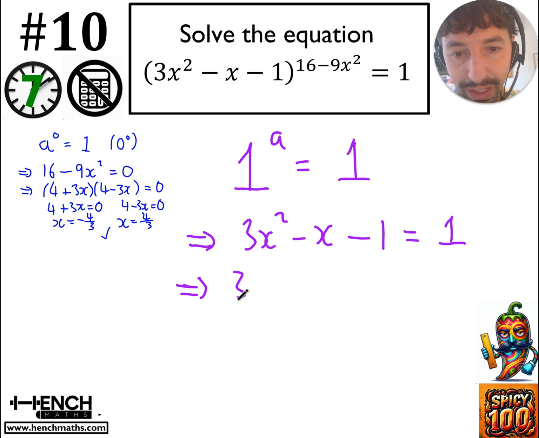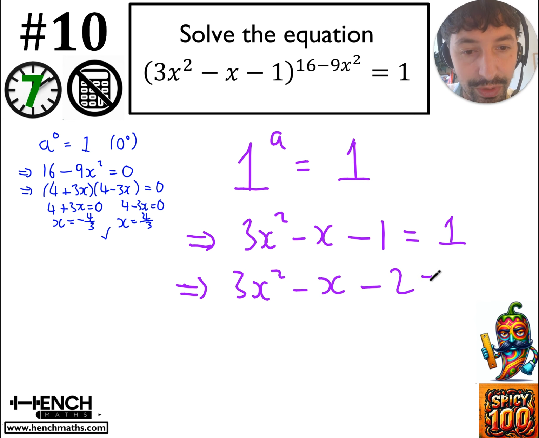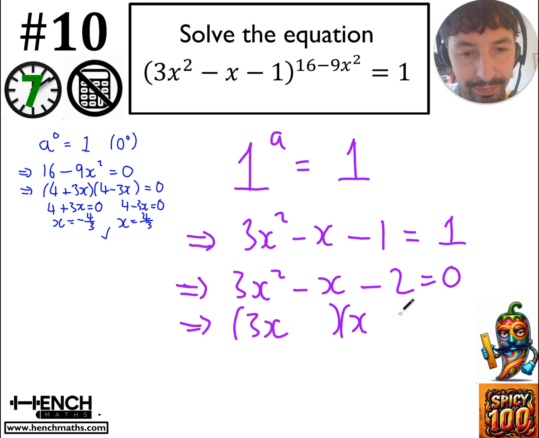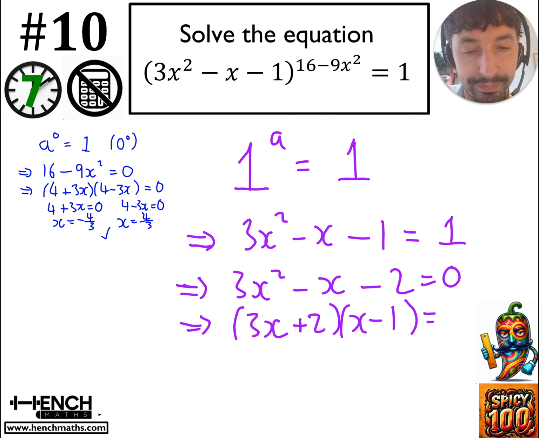So it's a quadratic, so we're going to get 3x squared subtract x subtract 2 equals 0. Now let's just factorize this, so we get 3x. So if we did 3 times negative 1 and 1 times negative 2, then we would get 3x squared subtract 3x plus 2x subtract 2, so that works.